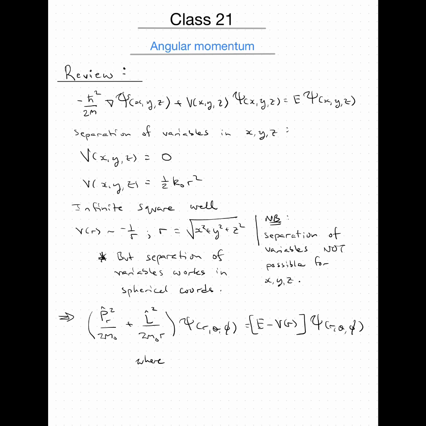And we found that we can decompose the wave function into a radial component and an angular component, R and Y, where this Y is known as the spherical harmonics.